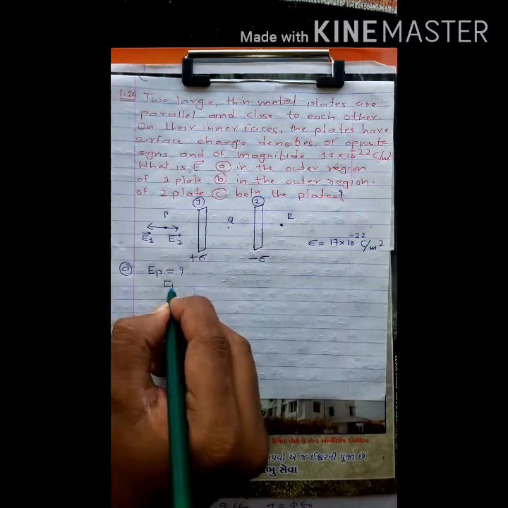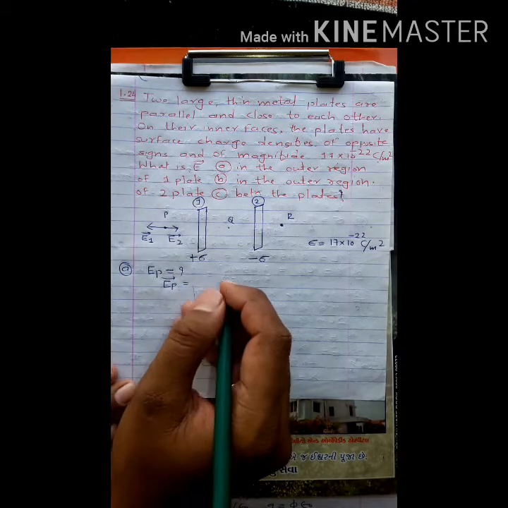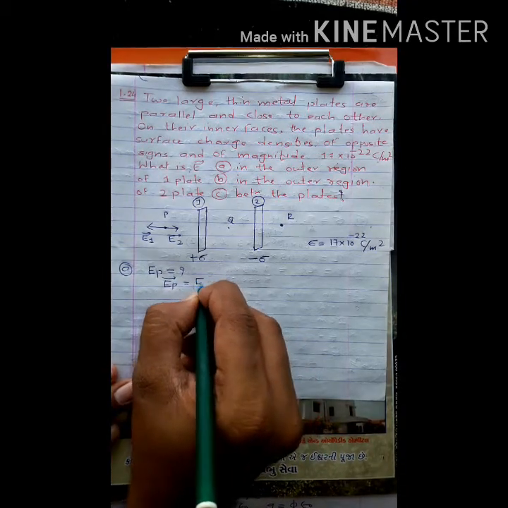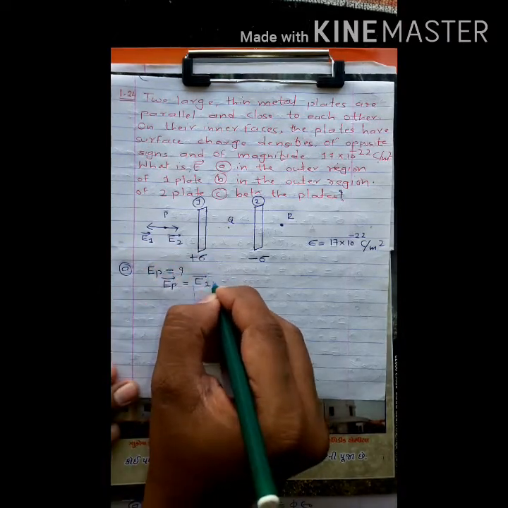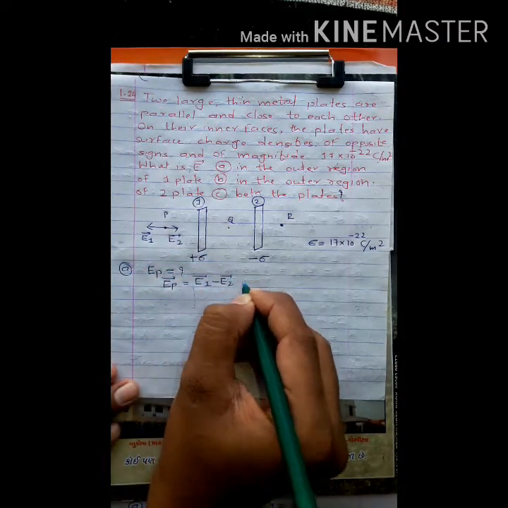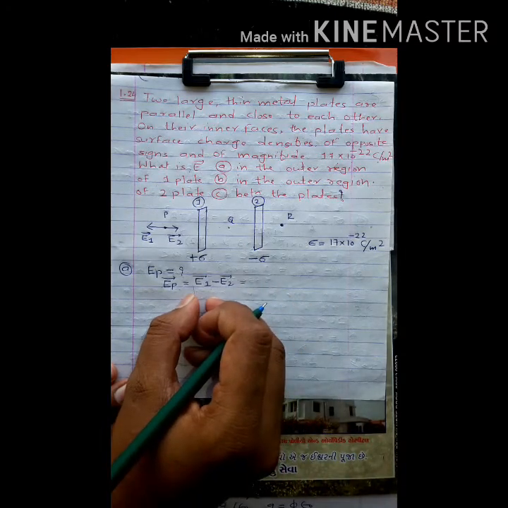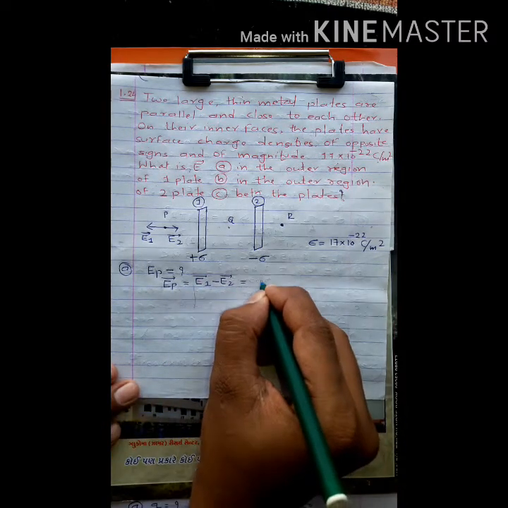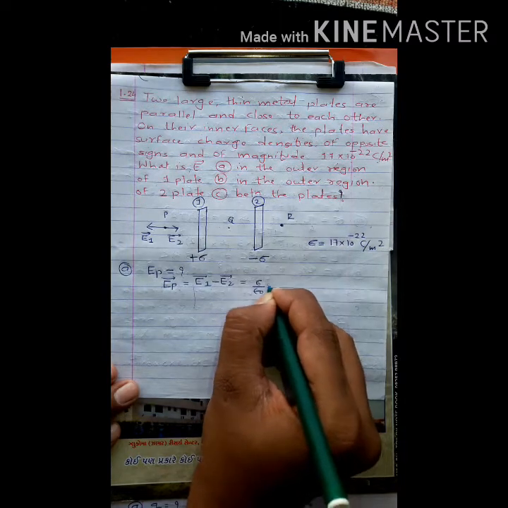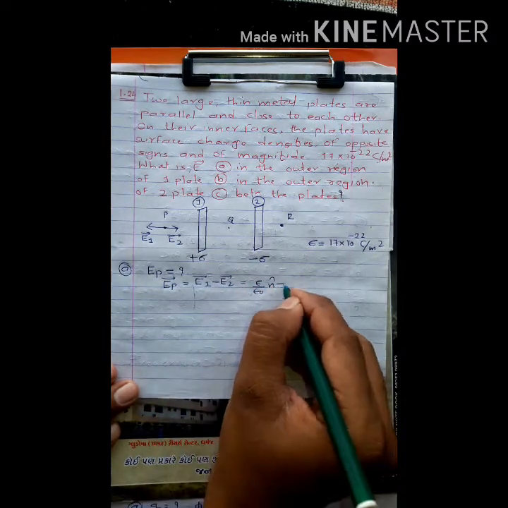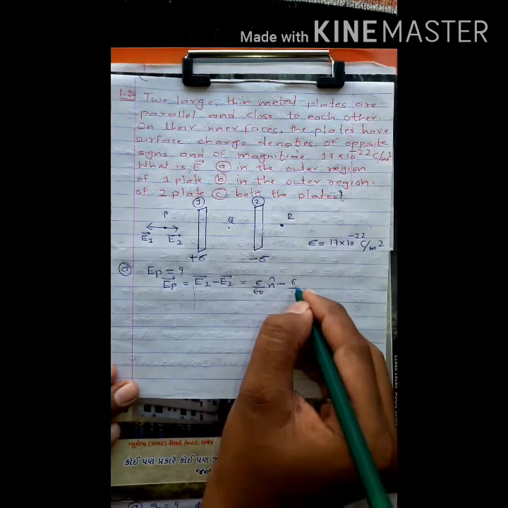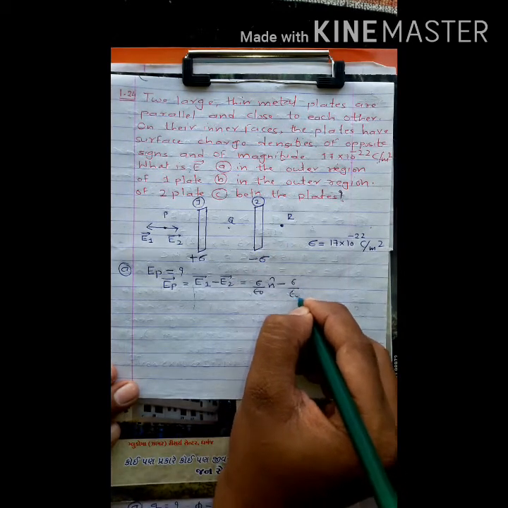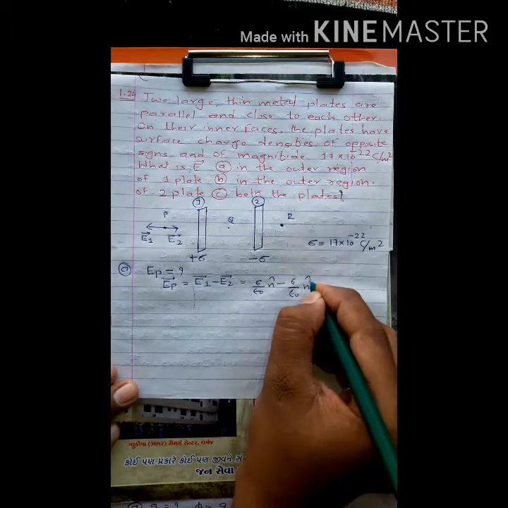So electric field at P point, vector EP, is equal to vector E1, if this is positive, so E2 is negative, so minus vector E2. And electric field produced by plate is given by sigma upon epsilon 0 n cap, minus, for second plate we have same situation but surface charge density is negative, so minus sigma upon epsilon 0 n cap.